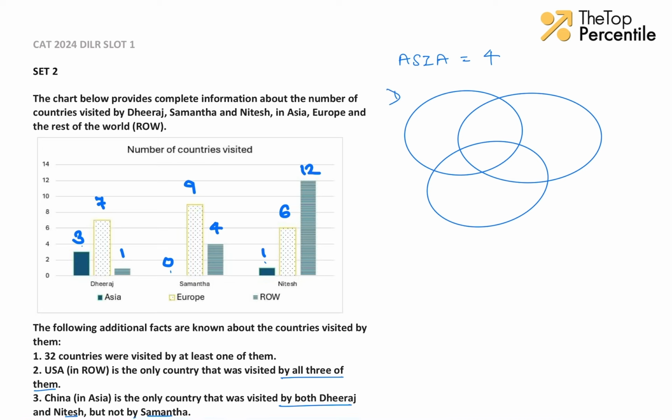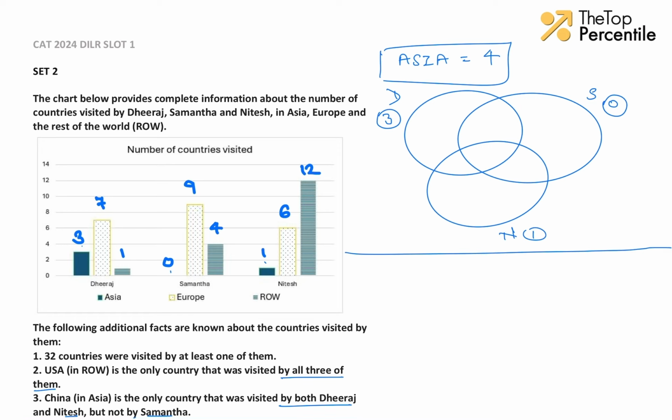So I have D, Samantha S, and Nitesh N. Okay, so from Asia, Dheeraj visits 3 countries. So this will be 3. Samantha visits 0 countries and Nitesh visits 1 country. Okay, so Asia is done.